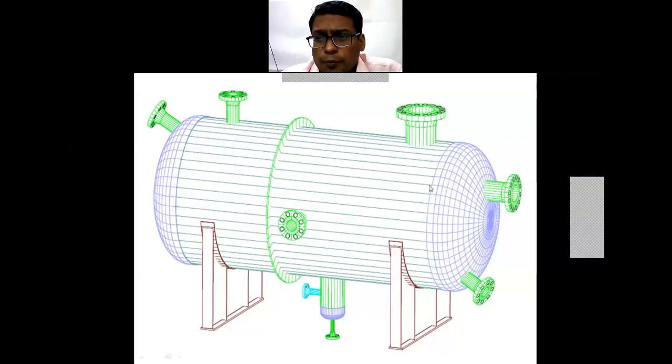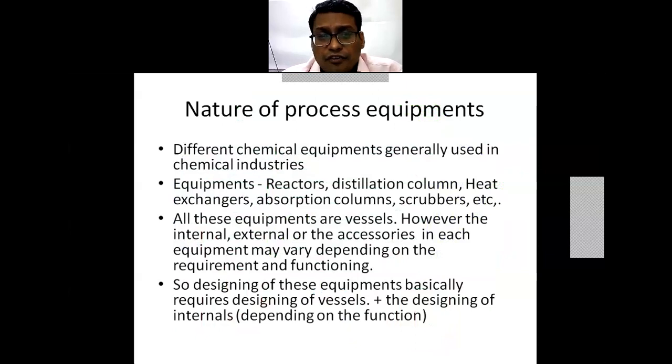People work on this to understand the detailing related to the stresses, stress distribution, then pressure distribution, the fluid distribution, all these different studies that can be done with the computational mathematical requirements and the understanding of those different software.